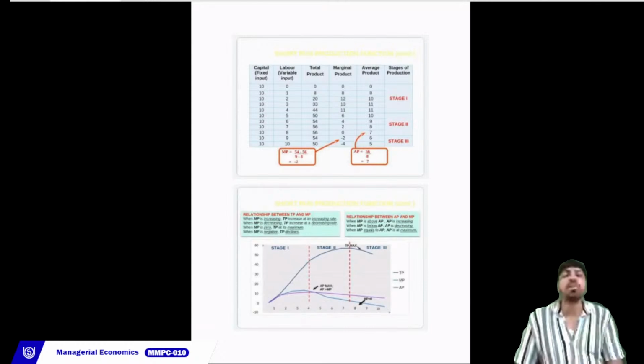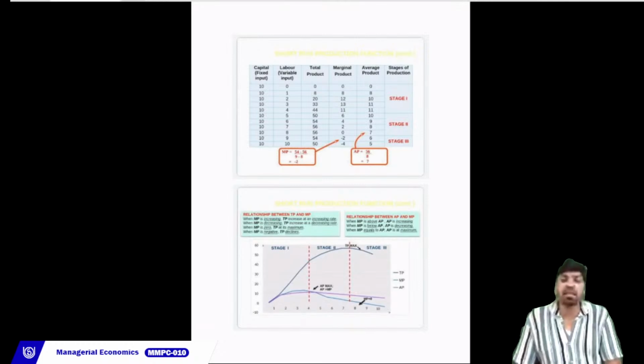Let's talk about the second unit of labor. The total product is 20. So to calculate the marginal product, 20 minus 8 is 12. Change in labor, 2 minus 1, is 1.